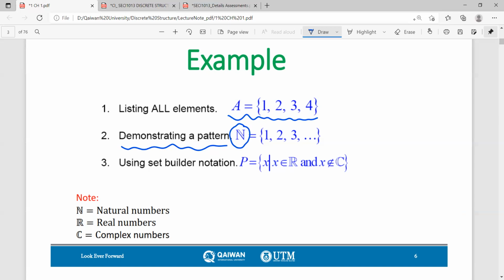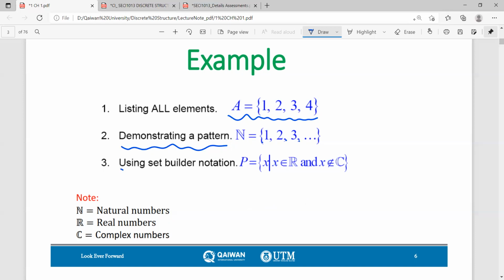The natural numbers are 1, 2, 3, 4, 5, 6 up to infinity. These numbers in a set are called the natural numbers. So the natural numbers could be expressed as a pattern 1, 2, 3, then we just write down 3 dots. That means it keeps going. Okay.